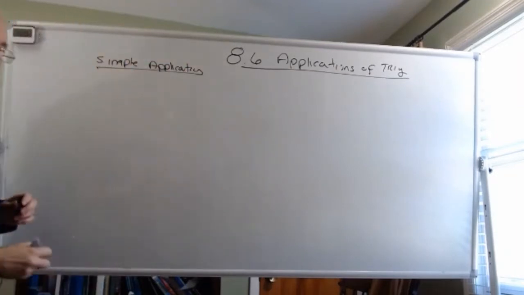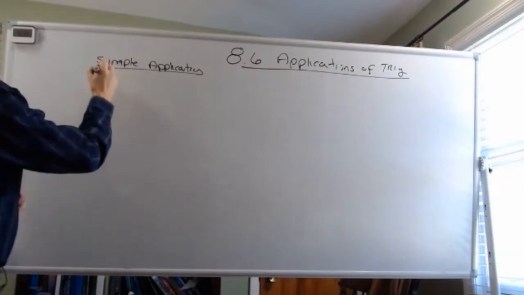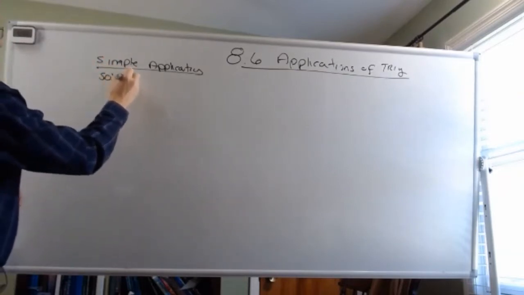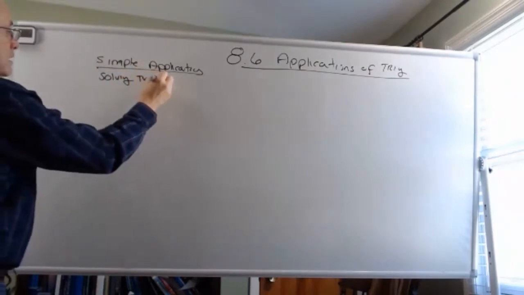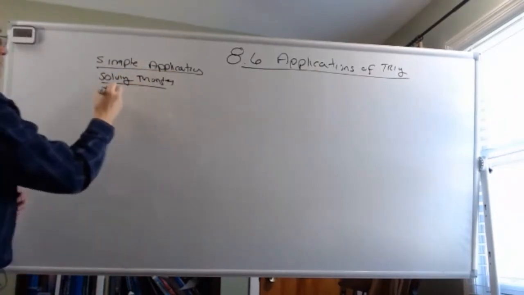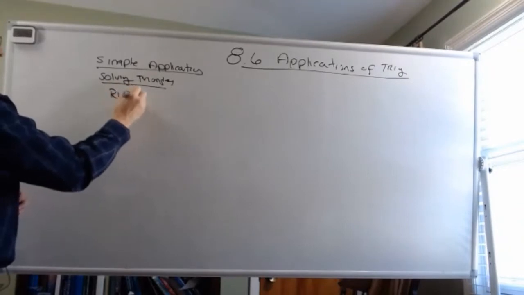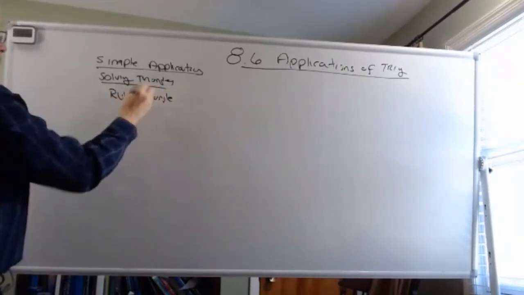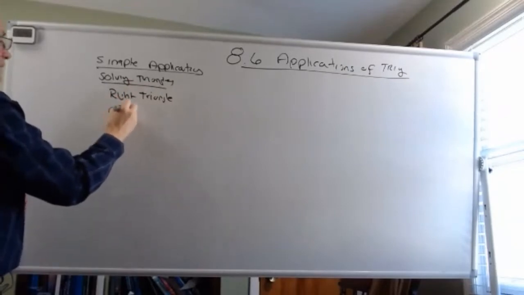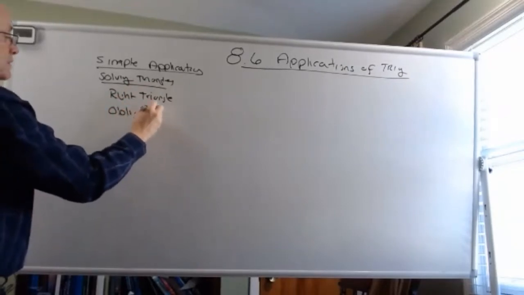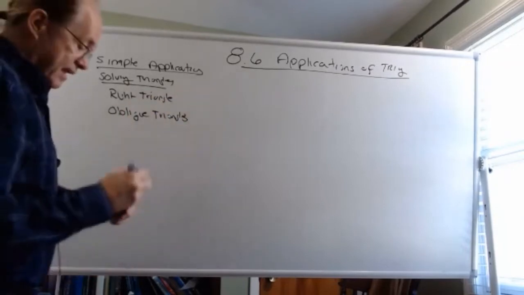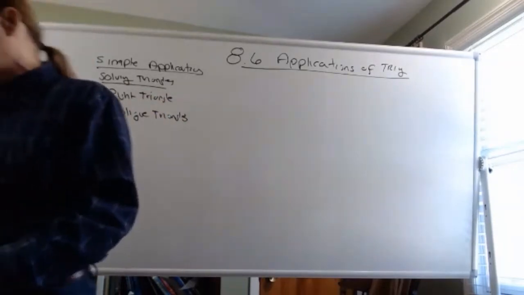These simple applications are essentially what we did in the previous sections, solving triangles. They're either going to be right triangle problems, as well as some oblique triangle problems. So let's take a look at an example. We'll go into the textbook.